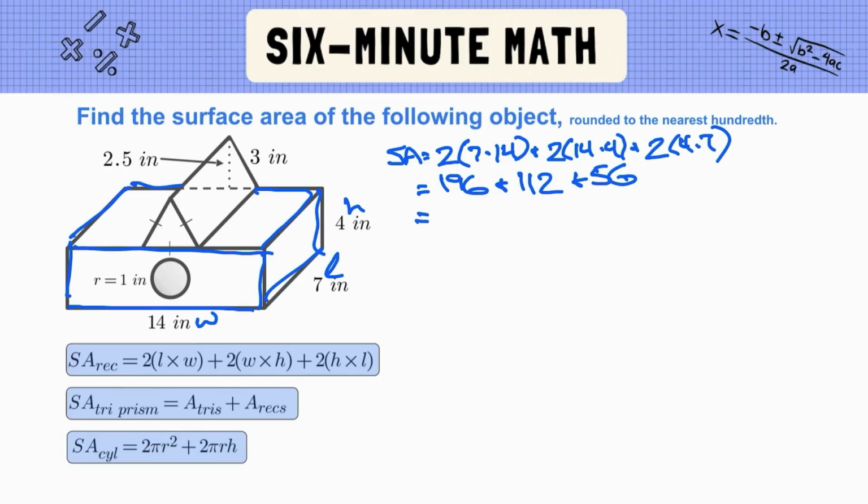So the surface area of that rectangular prism is 364.